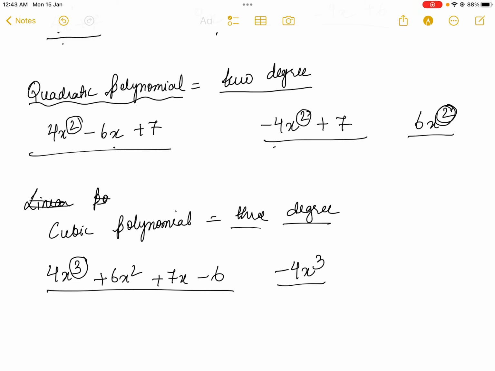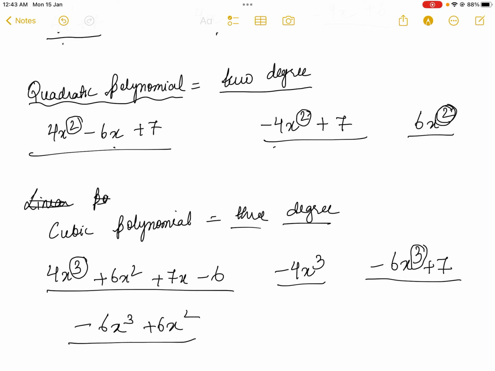This is also a cubic polynomial. Clear? Or minus 6x cubed plus 7. This is also a cubic polynomial because we're only concerned with the degree of the given variable, which should be 3. All right, even this is also a cubic polynomial, okay, because we're only concerned with the degree.